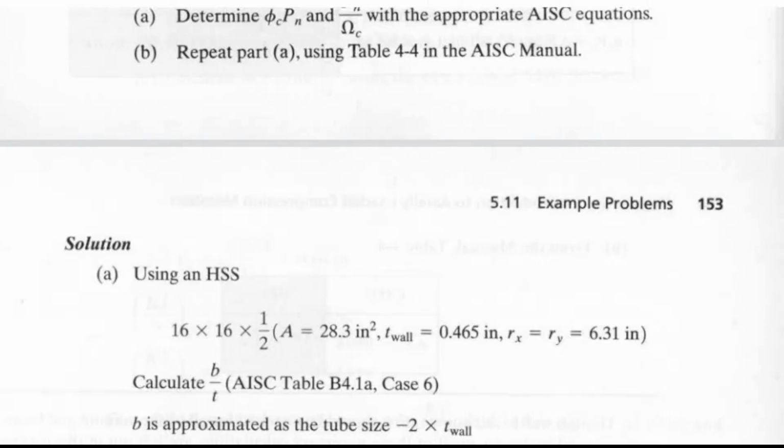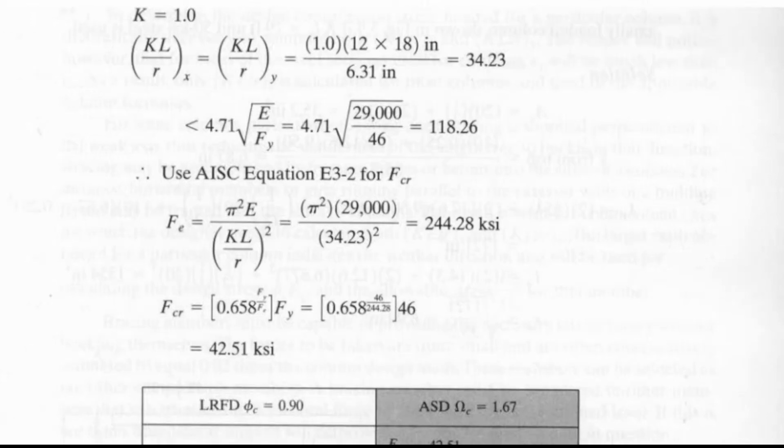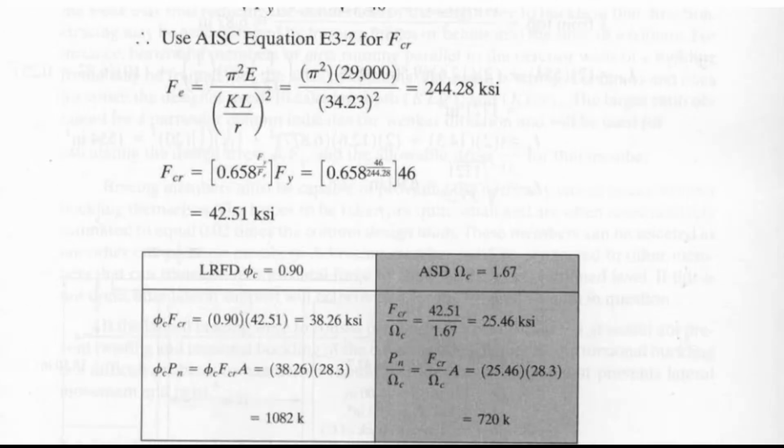So, 46 divided by that value, you have this exponent. Exponent of what? 0.658. That is a constant. Multiplied by 46 because 46 is our Fy. So, equal to 42.51.